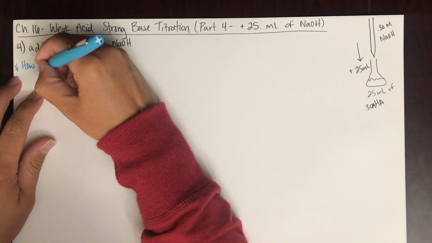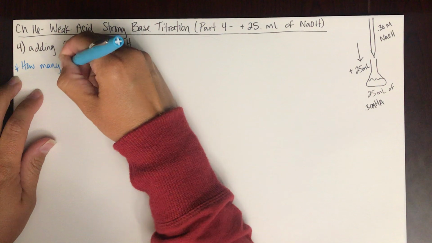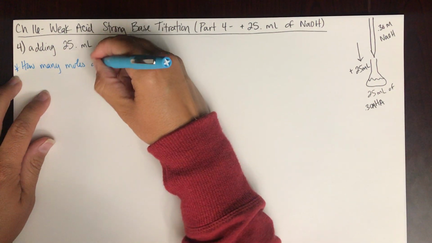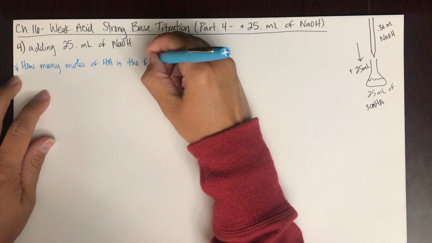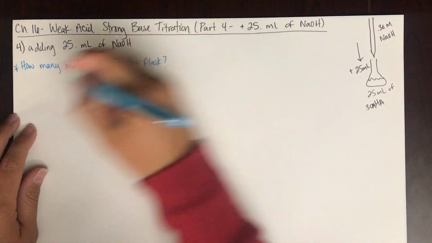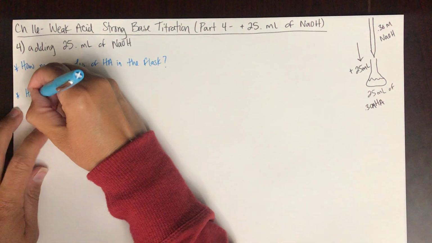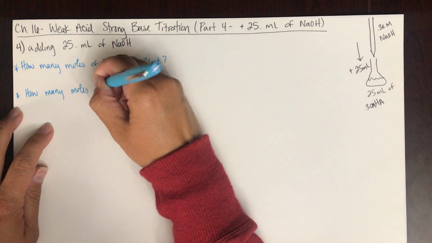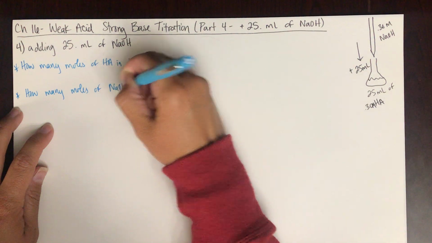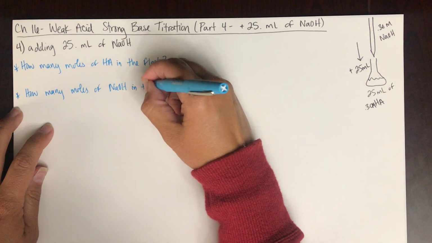So how many moles of weak acid are in the flask, and then how many moles of sodium hydroxide are in the flask.